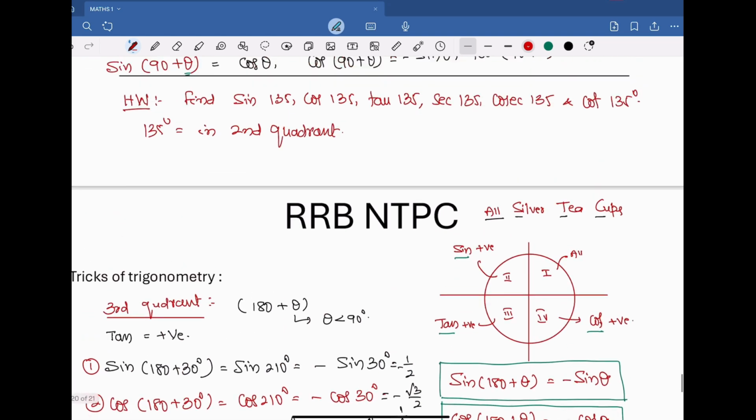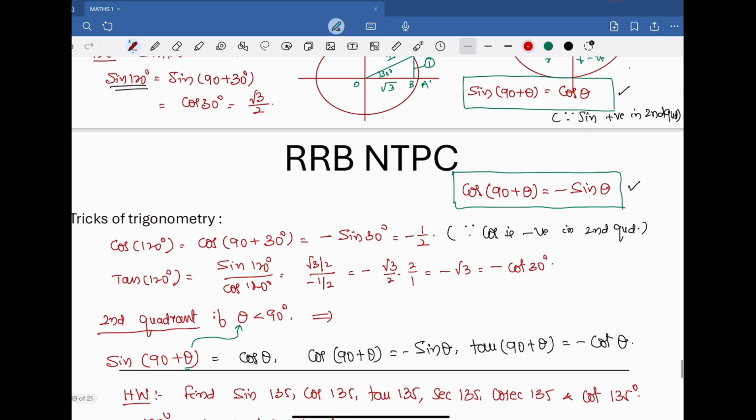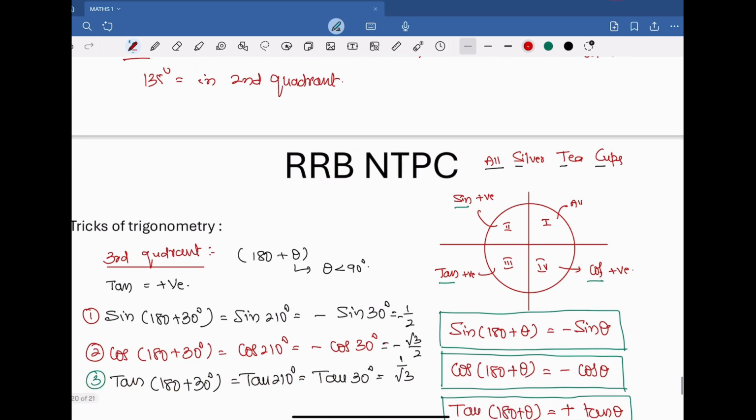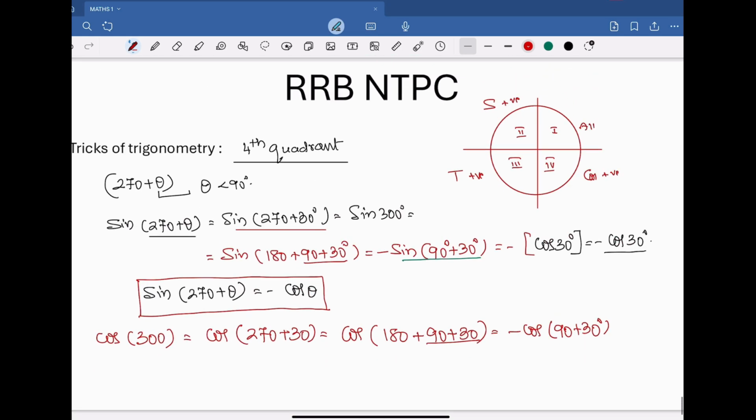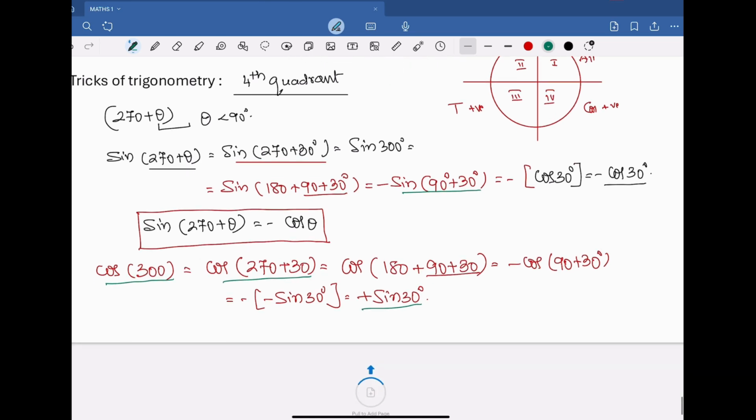Cos 90 plus theta is minus sin theta. Already there is a minus sign, so minus of minus sin 30 is equal to plus sin 30. You just see, cos 270 plus theta is equal to plus sin 30.